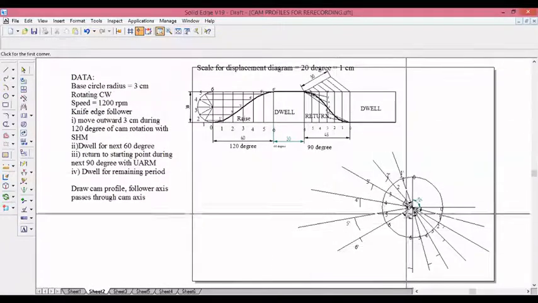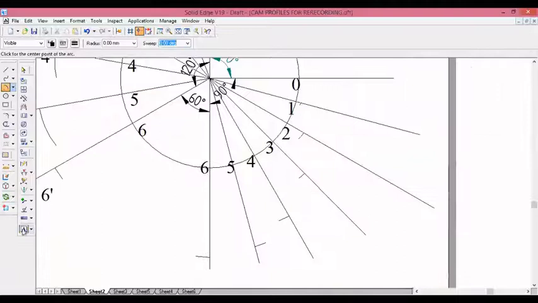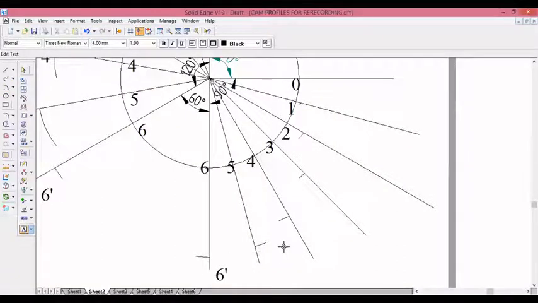Now do the namings for this. So this is the return stroke, so 6 dash, this is 5 dash, 4 dash, 3 dash, 2 dash, and 1 dash. We almost got the cam profile.